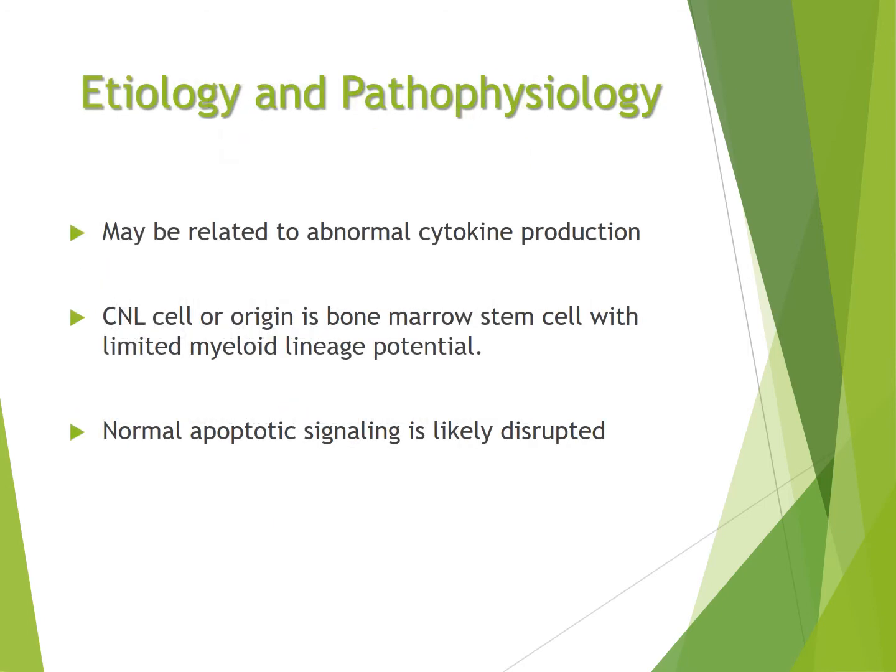The incidence is not exactly known, but some patients have had chromosome abnormalities observed, particularly if the disease progresses, including additions of chromosome 8, 9, 21, or certain portions of deletions of chromosomes 20, 11, and 12.